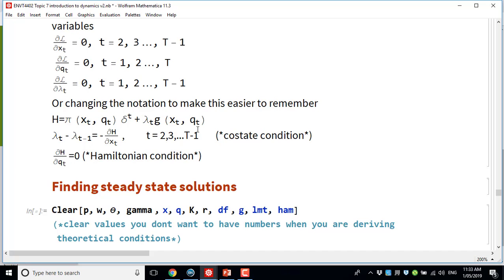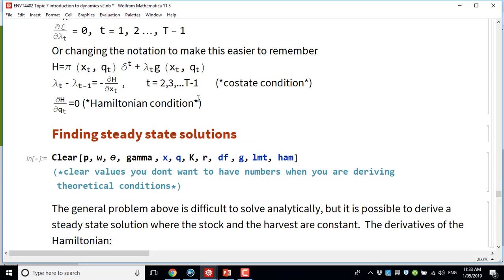One is called the co-state condition, which we're not going to worry about too much because it's quite hard to interpret. But the other one is called the Hamiltonian condition, which has a straightforward interpretation. So we're going to end up with a solution that uses these approaches.